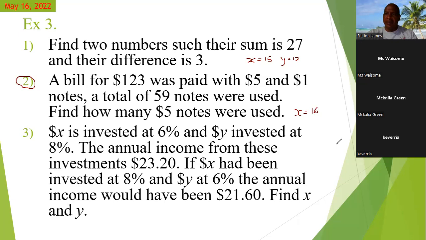What did you get, Miss Wilson, for question 3? So I got y to be 2 and x to be $1.20.